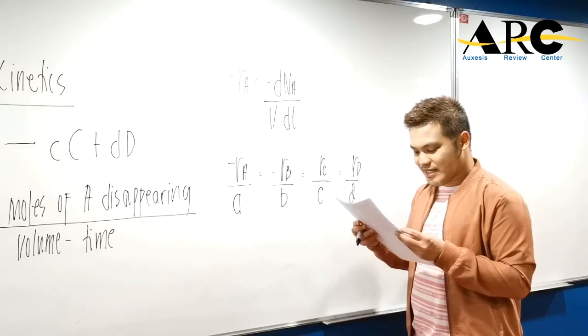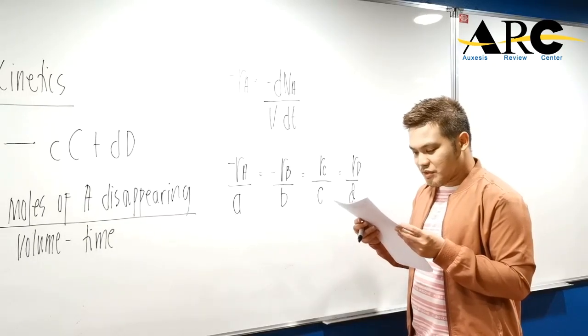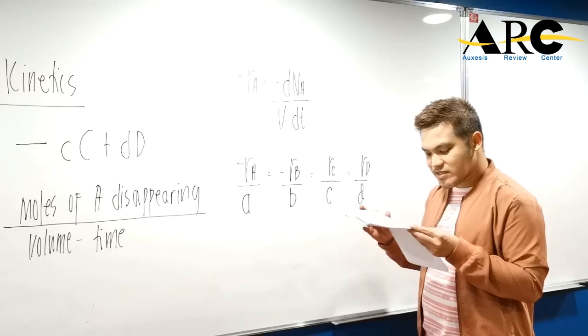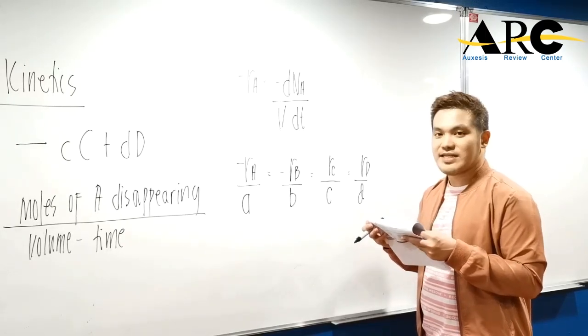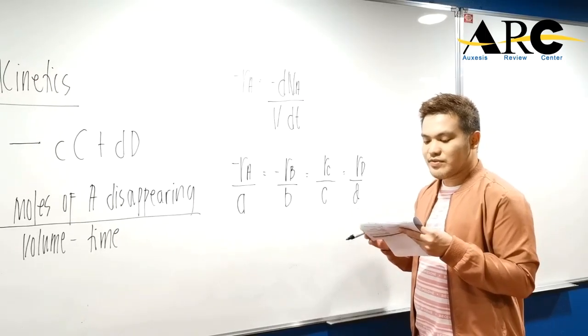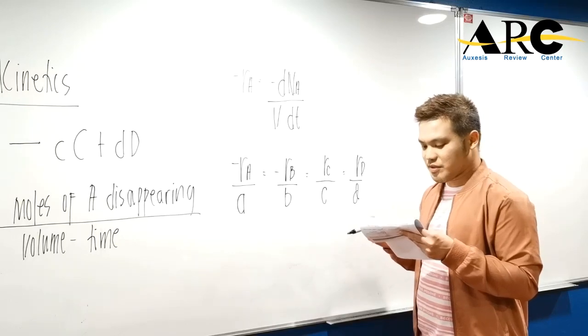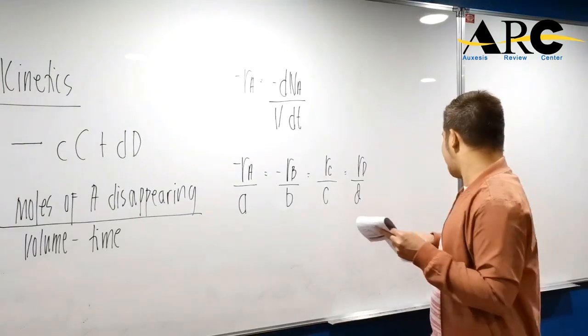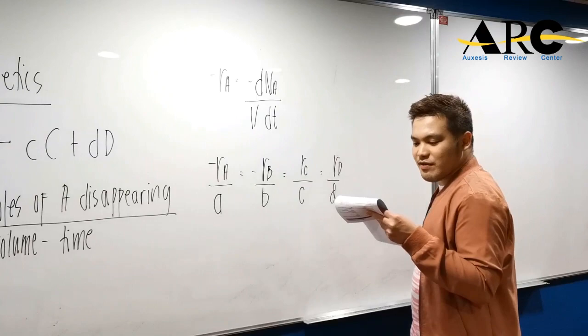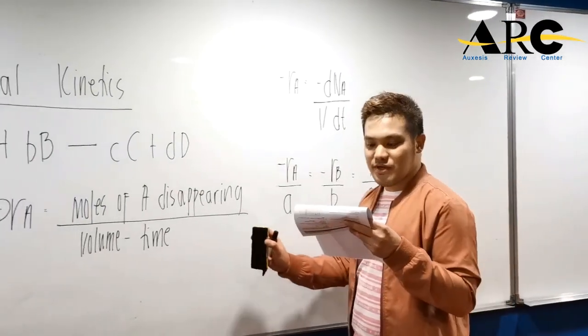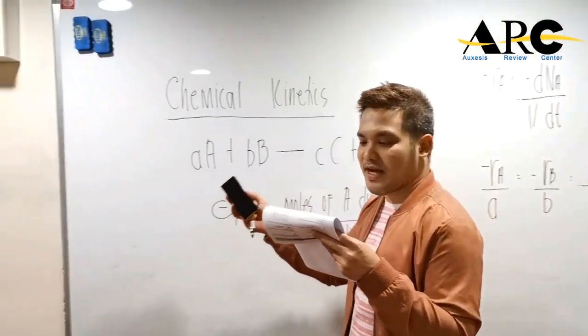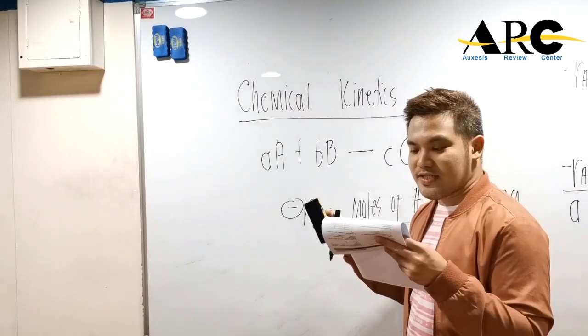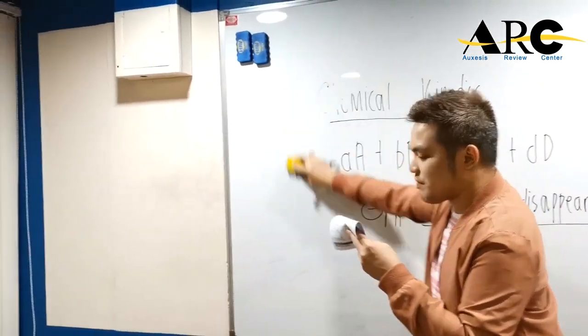Kaya kapag tinignan natin dito sa number 6, paano daw natin i-relate yung rate of formation ni B in terms of RA? Given tayo ng negative k CA CB squared.